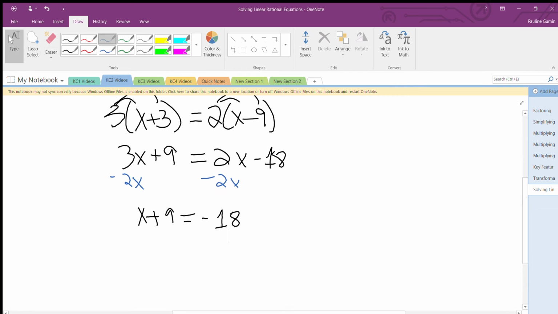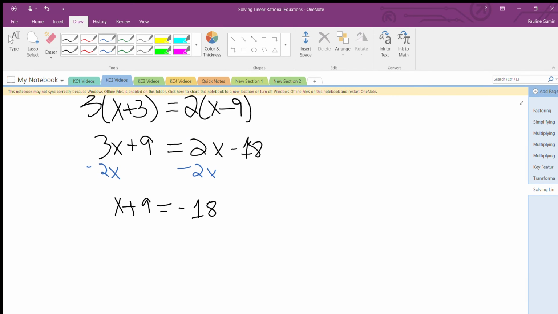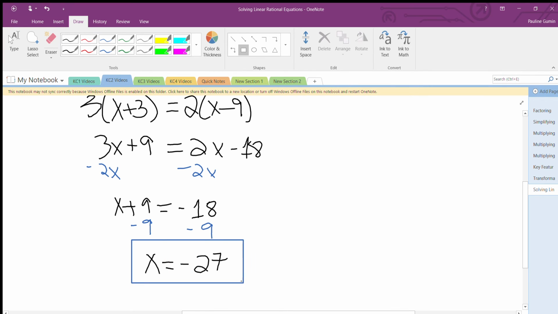Right, now I'm going to take this 9 and subtract it from both sides because I want my constants together. And I have x equals negative 27. Great, not bad. Here we had one less step than the previous problem because we didn't have to divide anything.